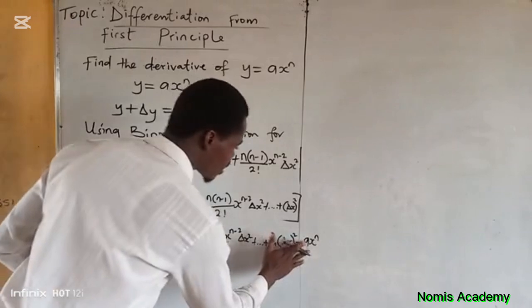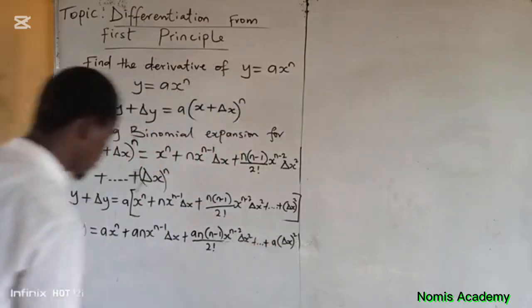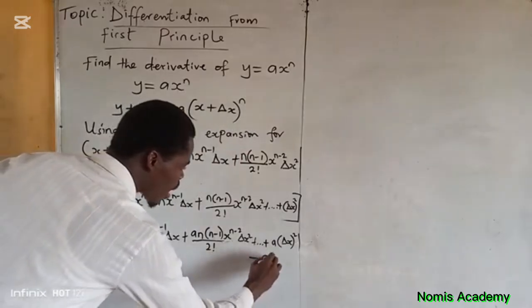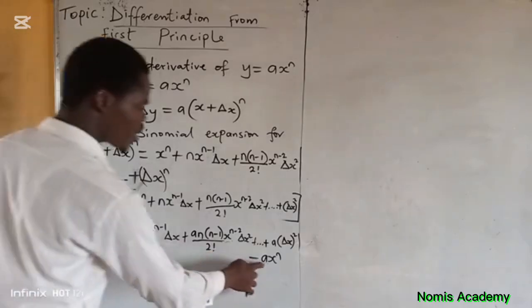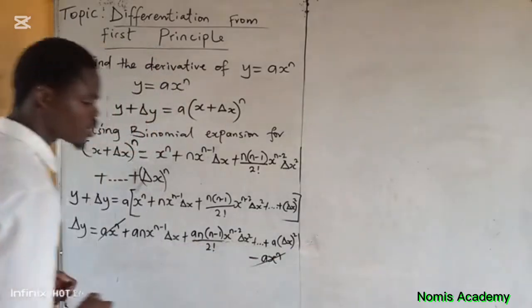Okay, let me write the solution in this other line for simplicity. So we have minus a x n. Now we have a x n minus a x n, so definitely this will cancel this.